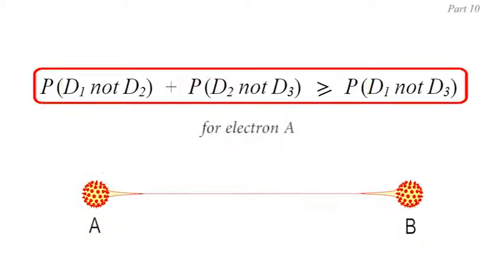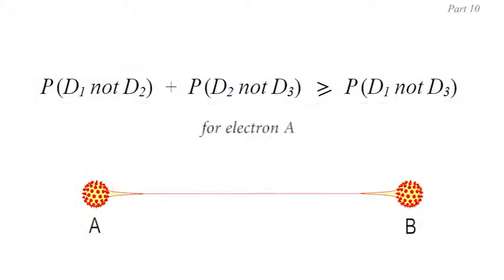If Bell's inequality then holds for the behavior of such an entangled electron under the rules of quantum mechanics, then we will find that the probability that electron A will give a measurement in the positive d1 direction and not the positive d2 direction if measured in those directions, plus the probability that electron A will give a measurement in the positive d2 direction and not the positive d3 direction if measured in those directions, will, if it holds, be greater than or equal to the probability that electron A will give a measurement in the positive d1 direction and not the positive d3 direction if measured in those directions.